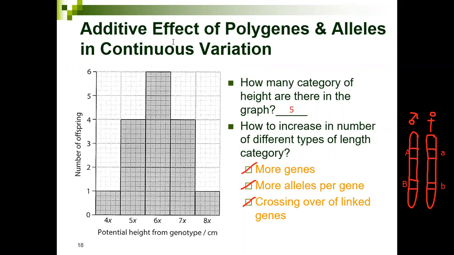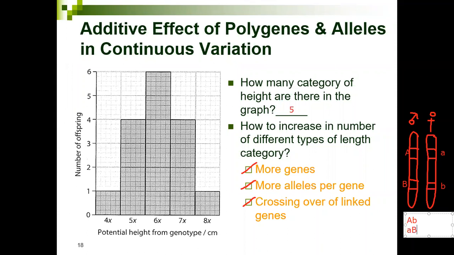Because they are homologous chromosomes, they can pair up, and crossing over between non-sister chromatids will happen. Before crossing over, you know that A and B will always be together, right? So if you receive A and B, it will give you a certain kind of height, always. But now because of crossing over, we have new allelic combinations: Ab and aB.